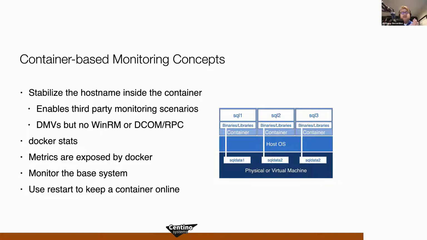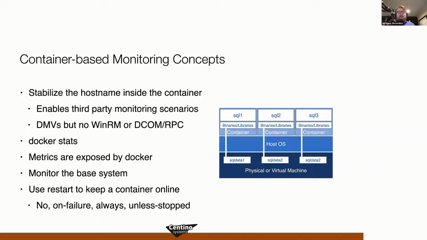And one final point that I had to throw in somewhere, I couldn't quite figure out how to work it in, is that when you start up a container, you have the ability to define a restart policy to help keep that container online if the container goes down or you restart the system. And so we can define a restart policy with 4 different attributes. No, which means just don't, and that's the default. And so you've probably done Docker run, rebooted your system, and then you have to go do Docker run again.